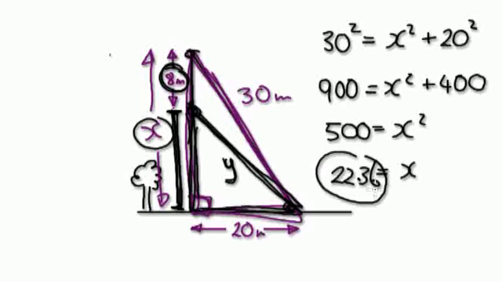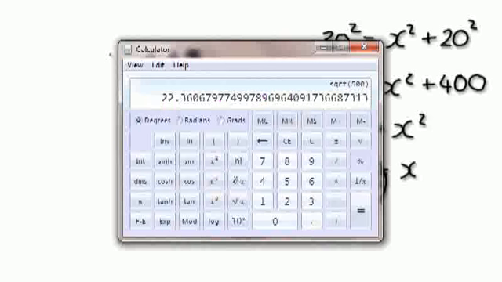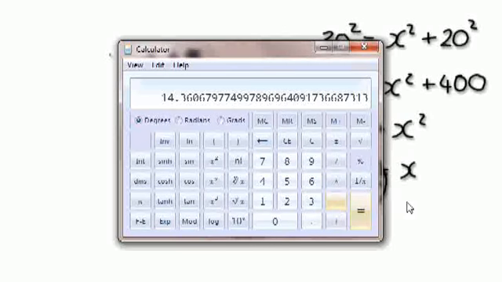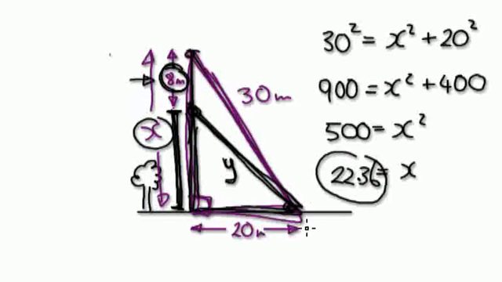So 22.36 take away 8 equals 14.36. So this distance here is 14.36.